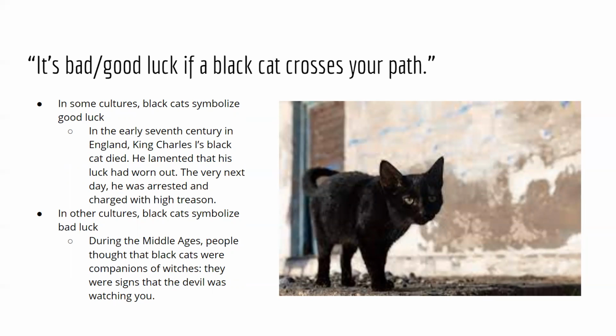So I'm not saying this is the only origin, this is just an example that kind of pushed the superstition forward. However, in other cultures, black cats symbolize bad luck. During the Middle Ages, people thought that black cats were companions of witches. They were signs that the devil was watching you. Honestly, when I see a black cat, I kind of feel freaked out sometimes too.